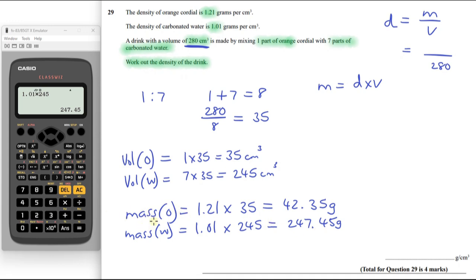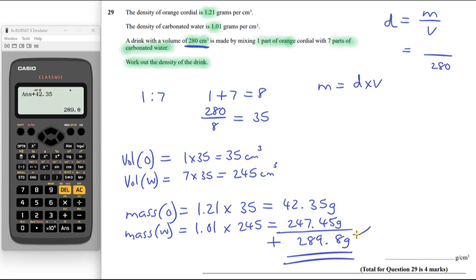So now we know the mass of each individual part. Now to work out the total mass, we can just add them together. So I'm just going to add on 42.35, and we get 289.8 grams. So that is the total mass.